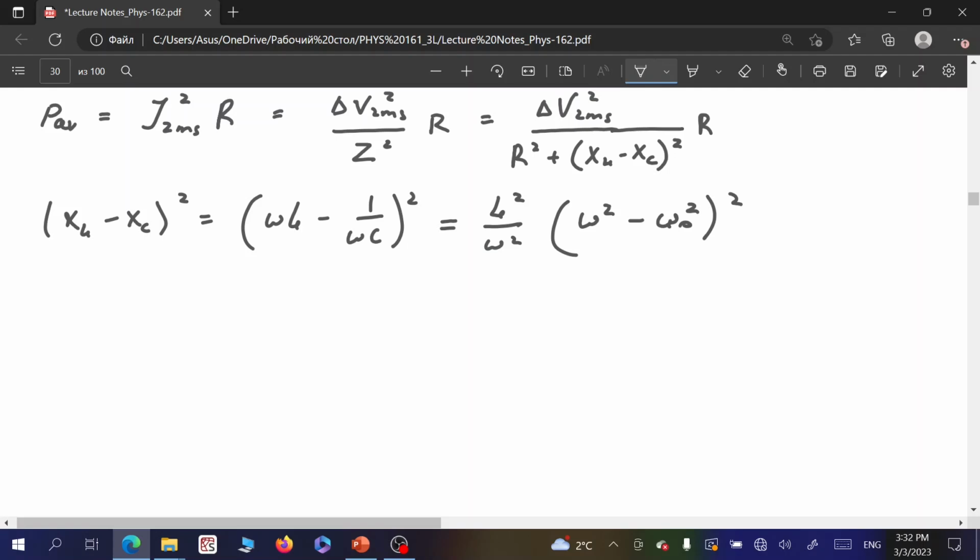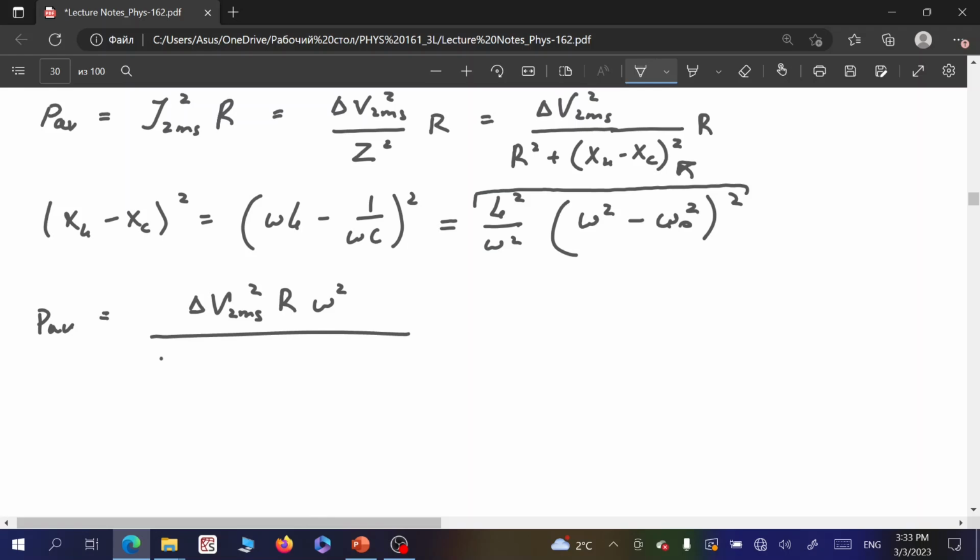Now we can substitute this expression instead of XL minus XC, and P average will be given as delta V RMS squared times active resistance R times omega squared, divided by R squared times omega squared plus L squared times (omega squared minus omega naught squared) squared.